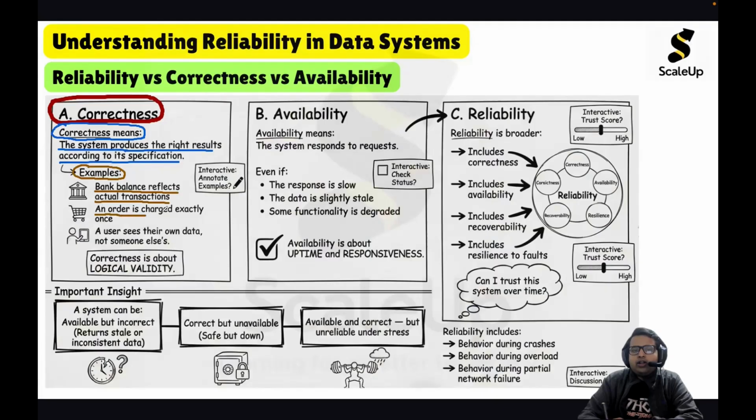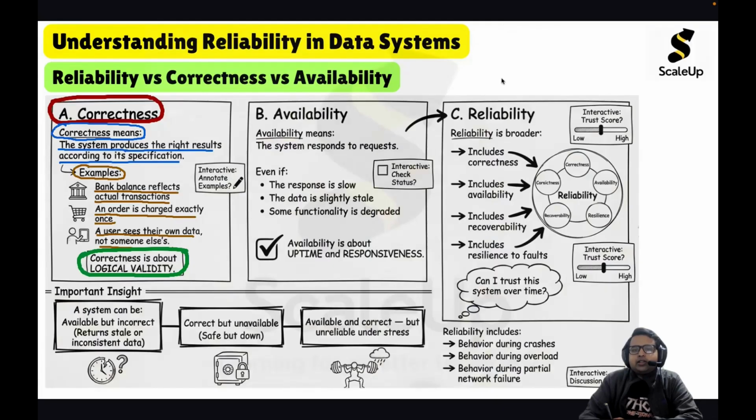And the order is charged exactly once. In an e-commerce platform, an order should be charged exactly once. A user sees their own data, not someone else's. The user should look into their own profile and not someone else's. So that is correctness. One very important point: correctness is about logical validity.